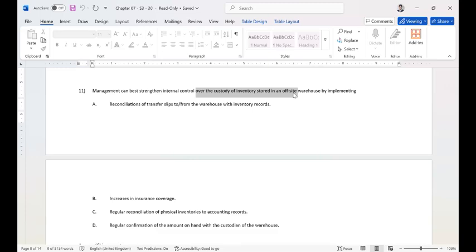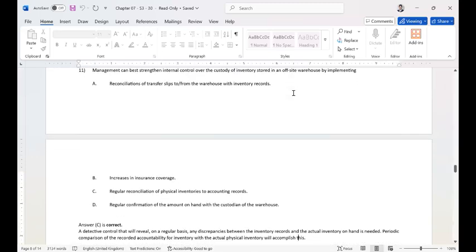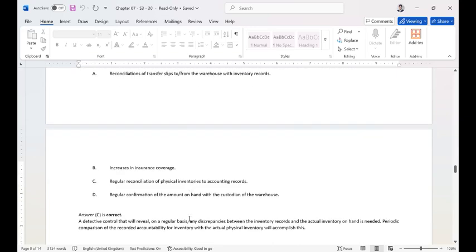C. A detective control that will reveal any discrepancies between inventory records and actual inventory is needed. So periodic counts, that's what they're saying.